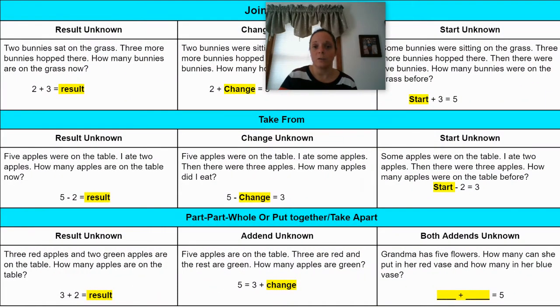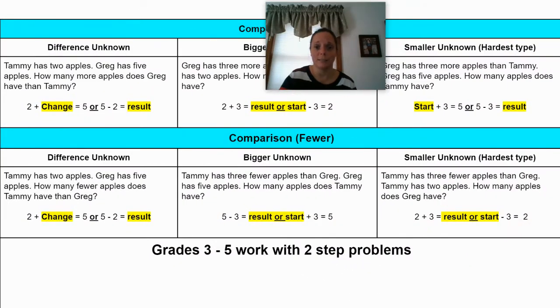The reason there are so many types is because you can solve for solutions, but you can also solve for parts of the problem. So if it's the additive word problem types, you can solve for an add-in or a result. And I've highlighted in yellow showing you where those parts are. And so here are 9, and then here are the other 6 to make 15 different types of additive word problems.